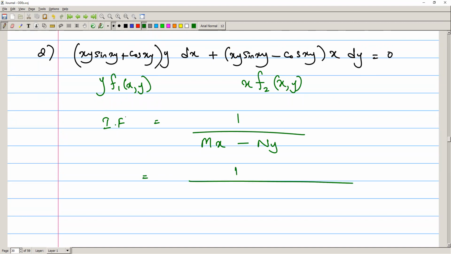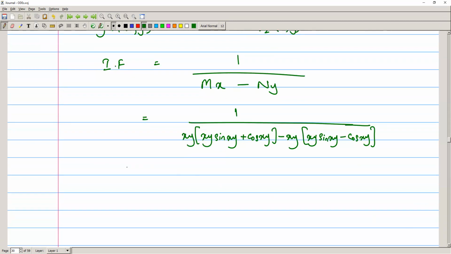It's 1 over Mx, that is xy times xy sine xy plus cosine xy, and then minus N times y, meaning xy times xy sine xy minus cosine xy. So now we can simplify the denominator.